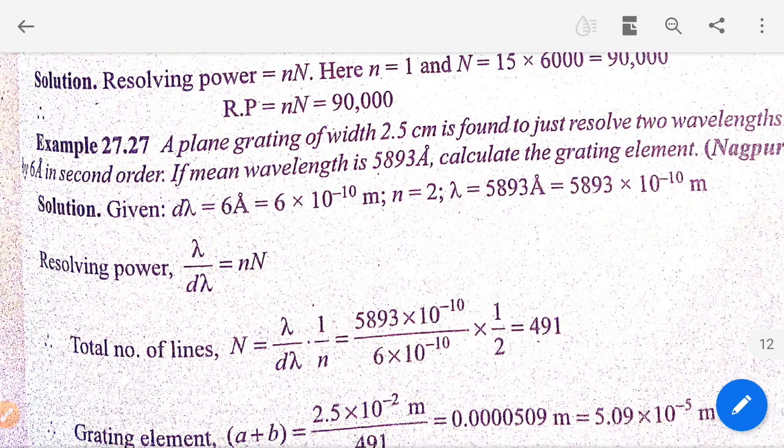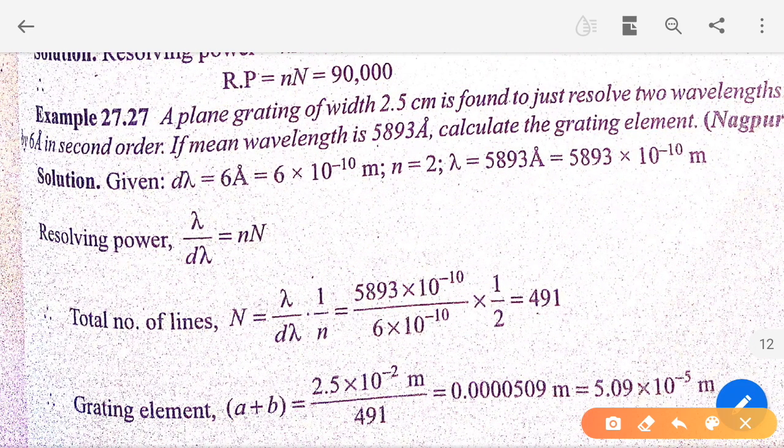Given here is d lambda, 6 angstrom, that is 6 into 10 to the power of minus 10 meter. For the second order, n is equal to 2, and the wavelength is 5893 angstrom. We know the formula for resolving power: lambda by d lambda is equal to n into N.